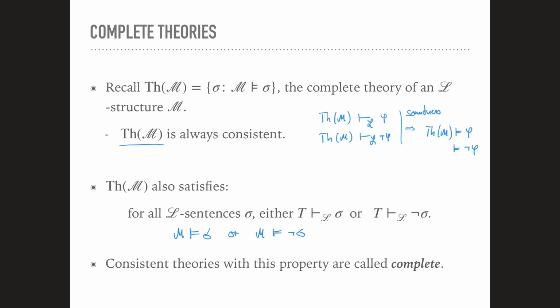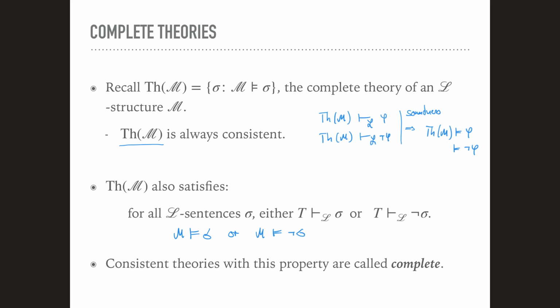So that means the complete theory of a structure already contains for every sentence sigma either sigma or not sigma, right? And since it already contains one of the two, in particular it means it proves one of the two.